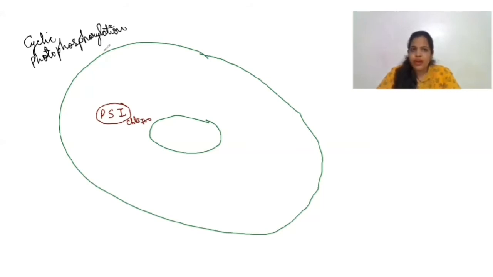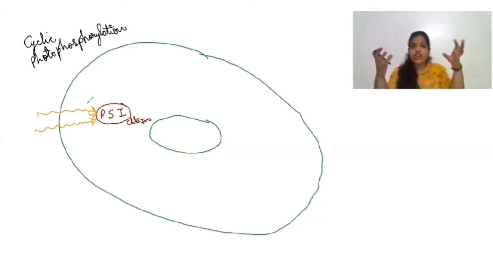Now, what happens? Sun is there or a normal light source is there. The light will be falling on this photosystem. Light photons will be falling on the photosystem. That complete light harvesting complex is present here, trapping the light and sending it to the reaction center as we discussed earlier in this video.